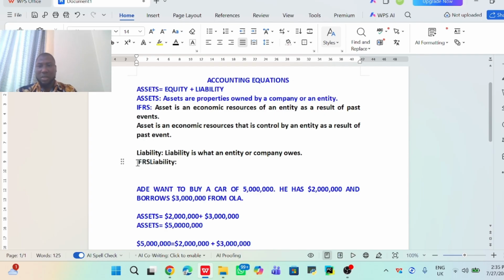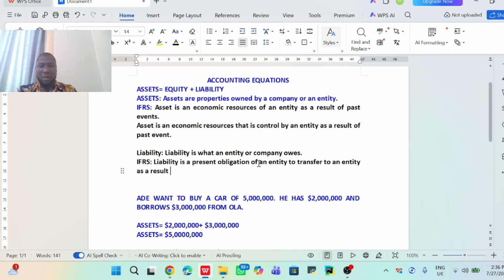But according to IFRS, we can say that a liability is a present obligation of an entity to transfer an economic resource as a result of past events.